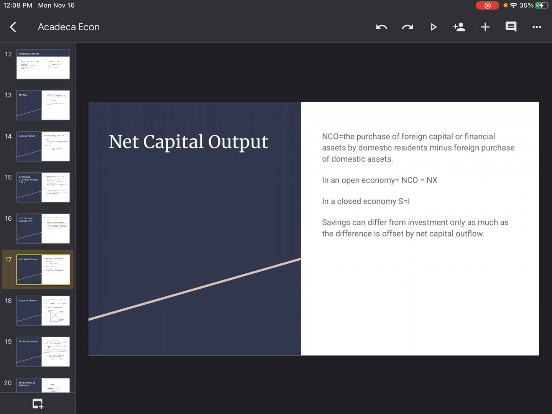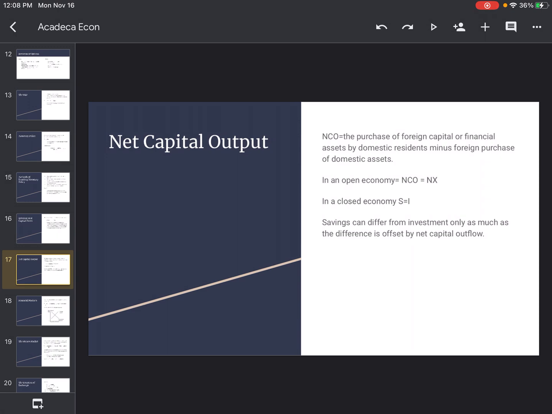Savings can differ from investment only as much as the difference is offset by net capital outflow, as defined above. So, for example, S equals I plus NCO. It's really reliant on that.